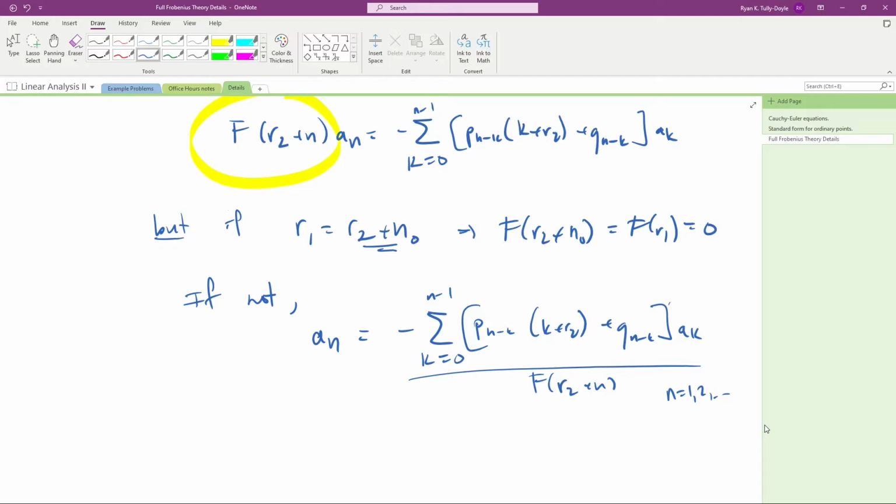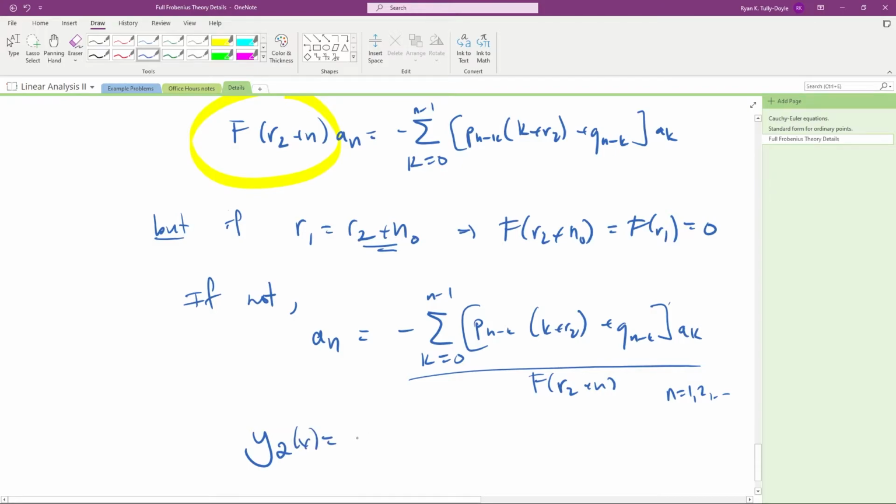And again, now I've got Frobenius series coefficients in terms of the R2. So if they're real and distinct and they don't differ by a constant, then we can build the recurrence relation in the way that we are used to, and we're going to get a second linearly independent solution that looks like this.